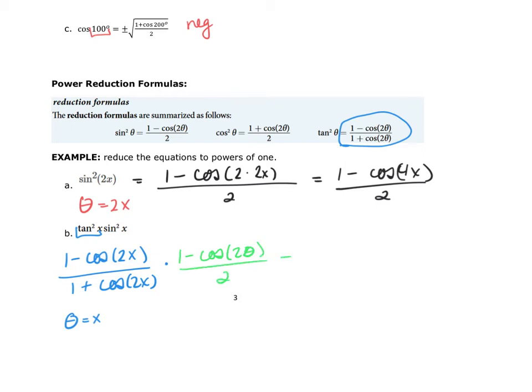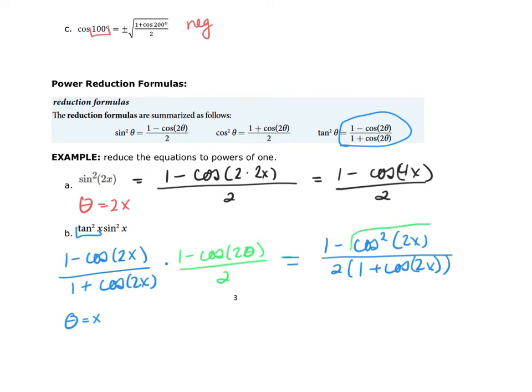And now what I'm going to do is go ahead and multiply this. When I multiply it, the numerator is a difference of squares. So it's going to be 1 minus cosine squared 2x, all divided by 2 times 1 plus the cosine of 2x. Now here's the thing. We want to have powers of 1. That means I'm going to have to use the power reduction formula on just this one piece.